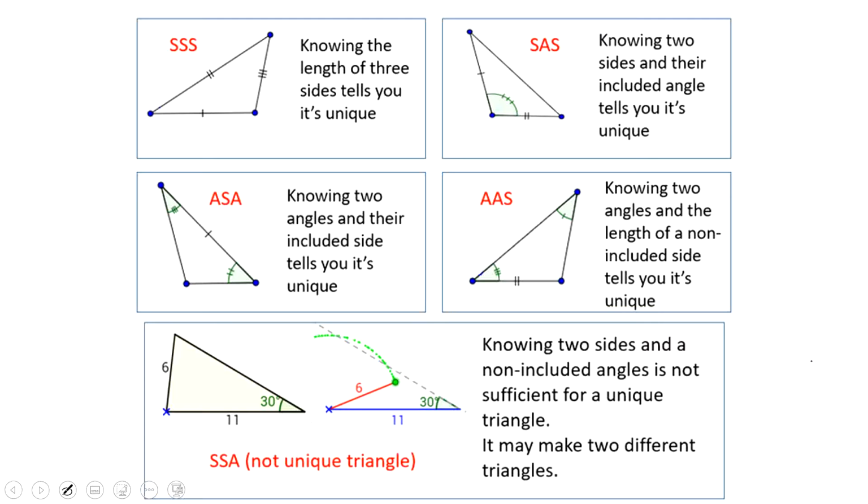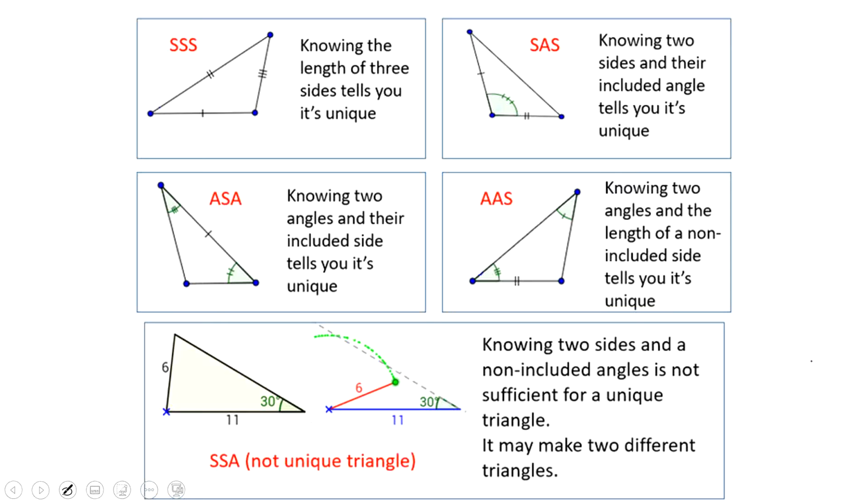If we know angle, side, angle, 2 angles and the included side are congruent, then we know those triangles are congruent. The third one is angle, angle, side. Again, if we know two angles and a non-included side are congruent, then we know the two triangles are congruent.